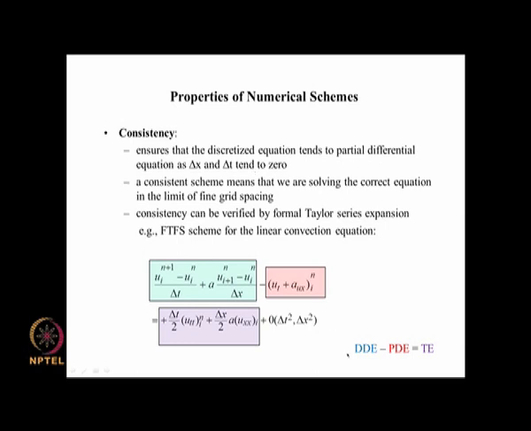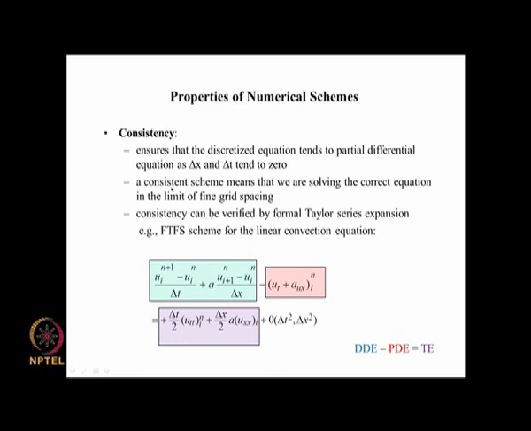Okay. So, if you have a discretized equation and a partial differential equation, the difference between the two is the truncation error. So, you can say PDE is equal to DDE plus the truncation error. So, if the truncation error goes to 0, then we can say that the DDE approaches PDE as delta x and delta t tend to 0.